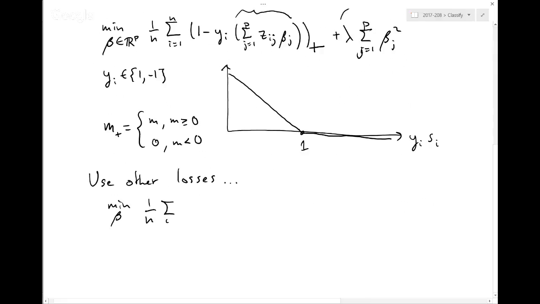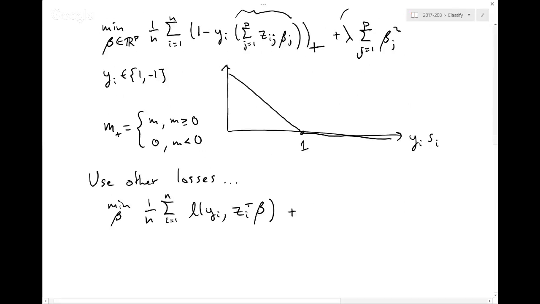This 1 over n sum from i equals 1 to n is the average of the losses, which we call the empirical risk. The loss is a function of yi and zi transpose beta, where zi transpose beta is exactly this sum: if you take one vector, transpose another, you're just summing the components multiplied by each other. So we could use other losses in this context, and they could all be written this way.